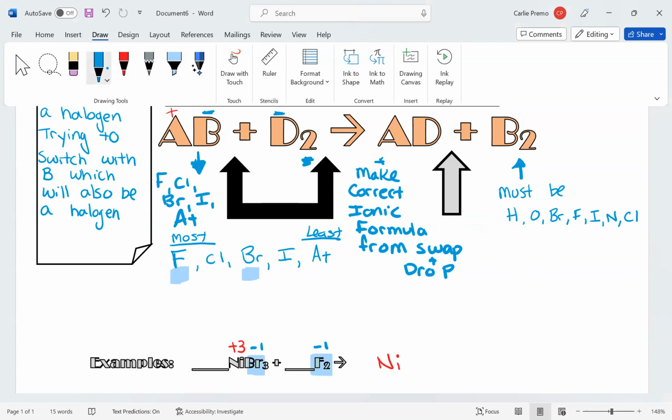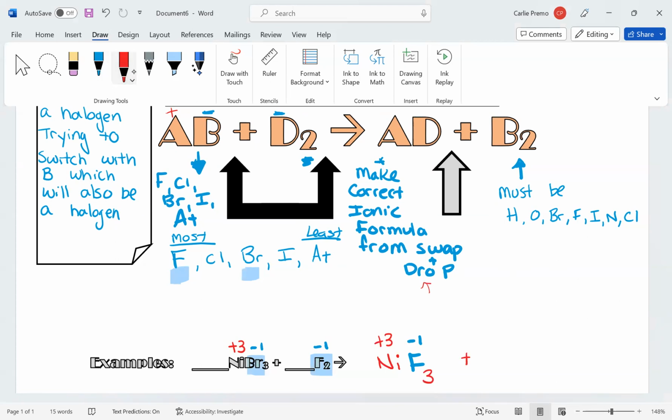Keeping in mind what we've been keeping in mind, we need to make sure that fluorine does not keep the 2 it had before, and instead gets the 3 from nickel by making the correct ionic formula, as it says here, from the swap and drop. So this becomes NiF3.